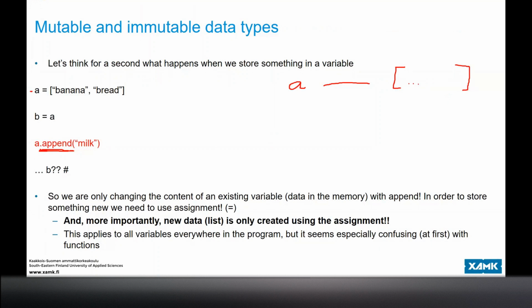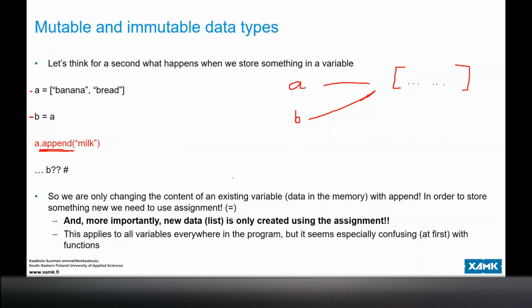Then on this next line, we have variable B, which simply finds where A is located and does the same association. So B is associated to the same data structure. And then when we said we want to append something to A, we have simply added something inside A. And since A and B are actually pointing to the same place, once A changes, B changes as well.